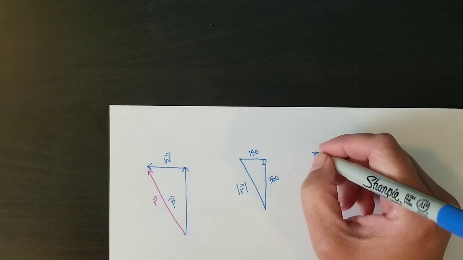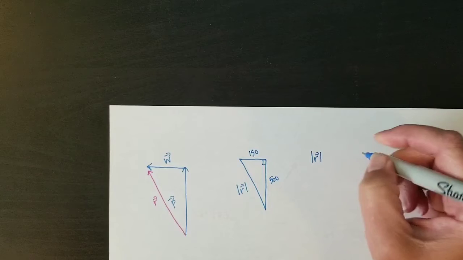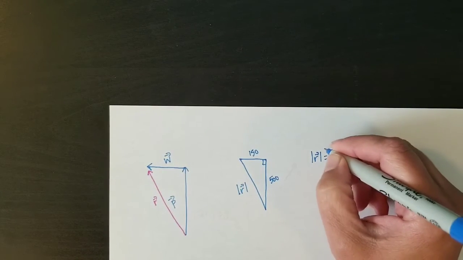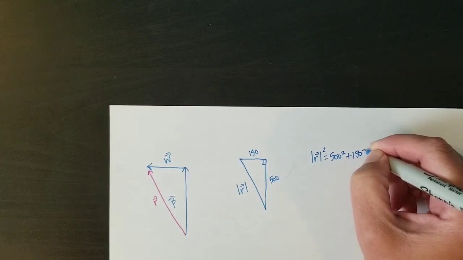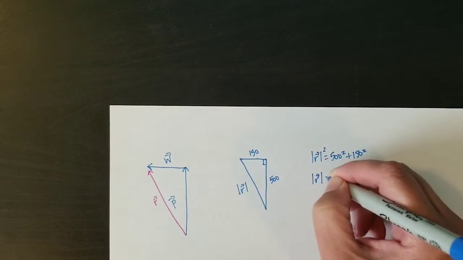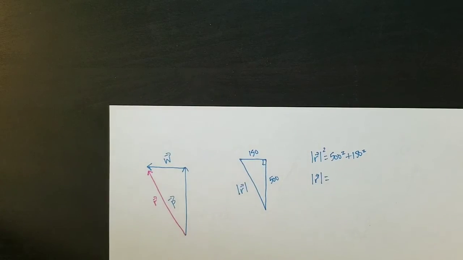We don't even need trig. We've got Pythagorean theorem here. So 500 squared plus 150 squared is the magnitude of the resultant squared.